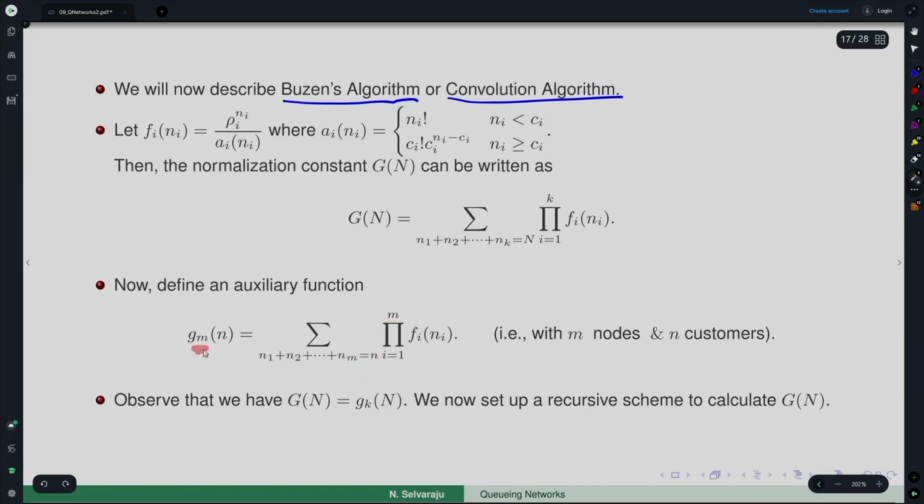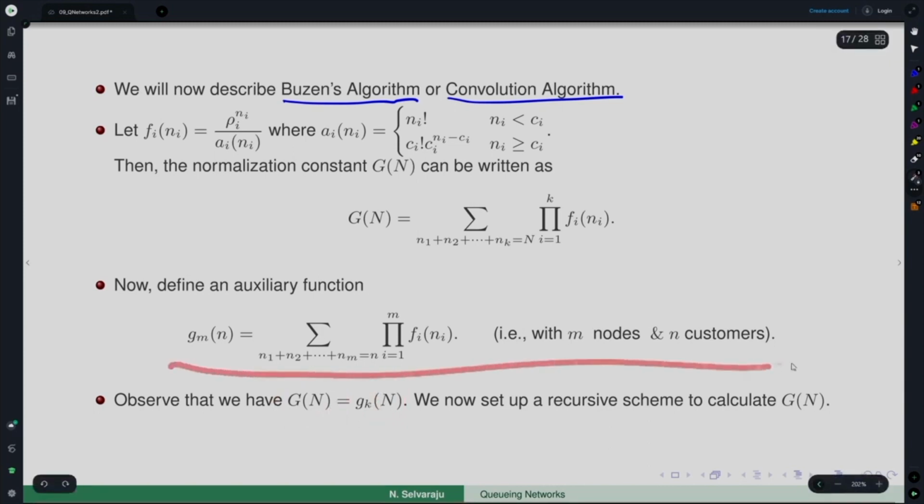So, that is what we are writing here: m is the number of nodes and within brackets is the number of customers, just like we write the number of customers within brackets for capital G. Now, if I put m as k, so the sum is up to n1 plus ... plus nk, which is equal to capital N, then I get back G(N). So, in this auxiliary function, if I take G_k of capital N, that gives me G(N).